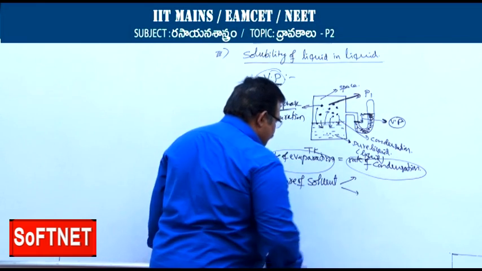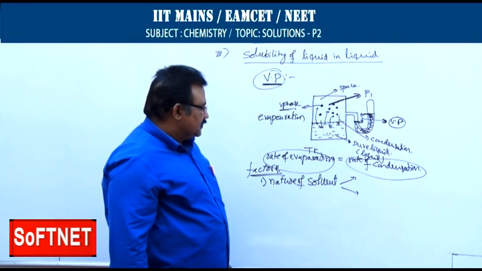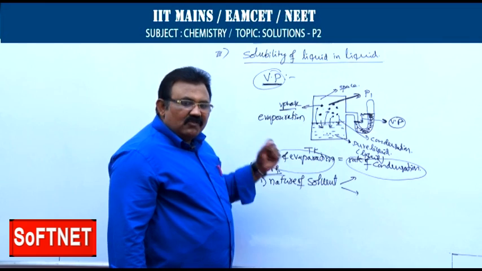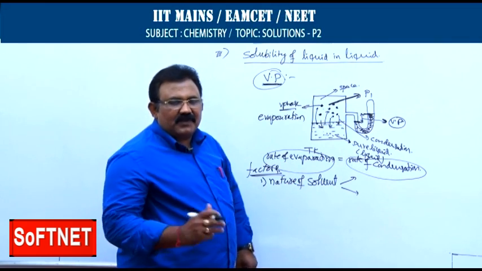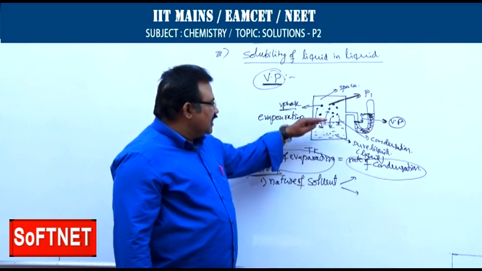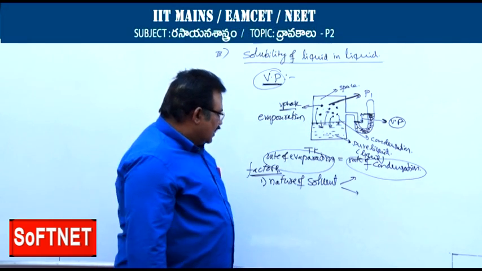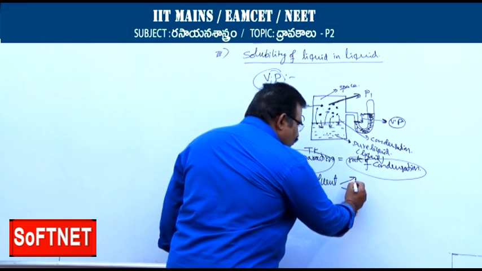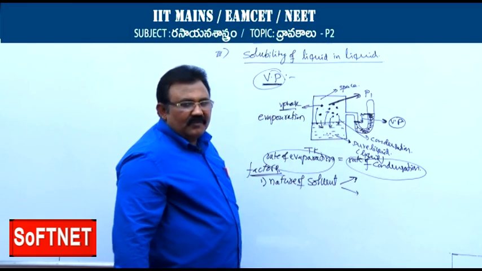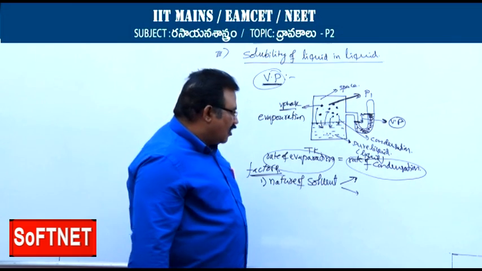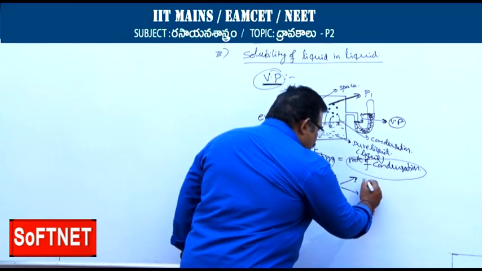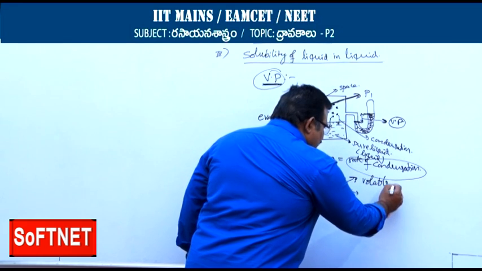Generally, some liquids give more vapors and some liquids give less vapors when they are kept in a container. The liquids which give more vapor at a given temperature T are called volatile liquids.